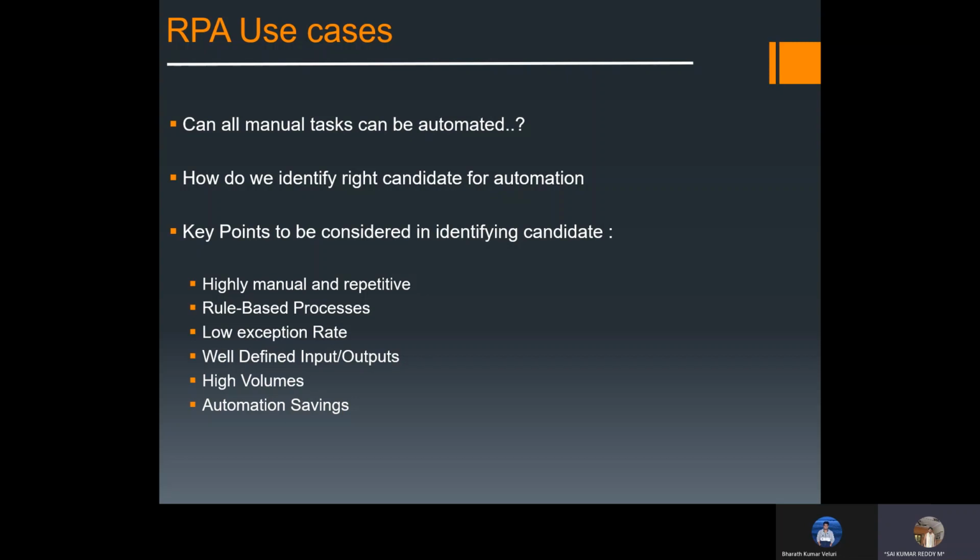So these kinds of outputs will generally be there, and it should be high volume. Then only the human hours put into that business process will be reduced. And the next one is automation savings, which comes under ROI. If all of the above is suitable or available in a requirement, then automatically we will have automation savings.